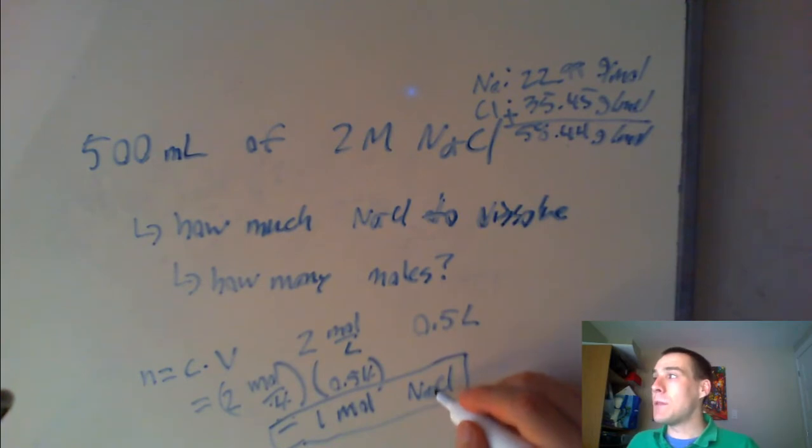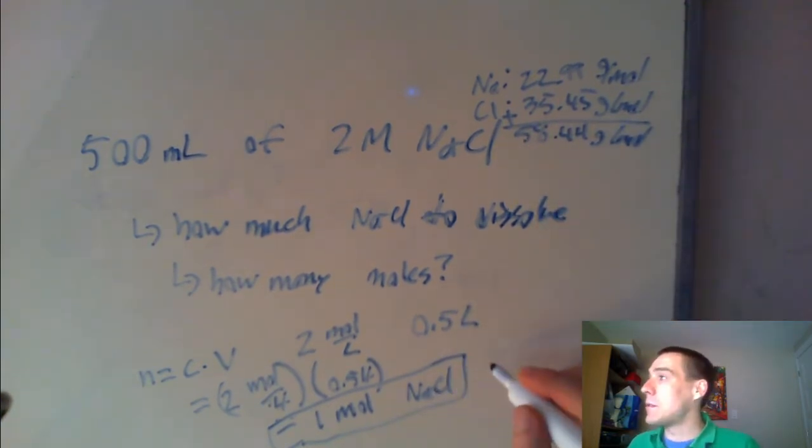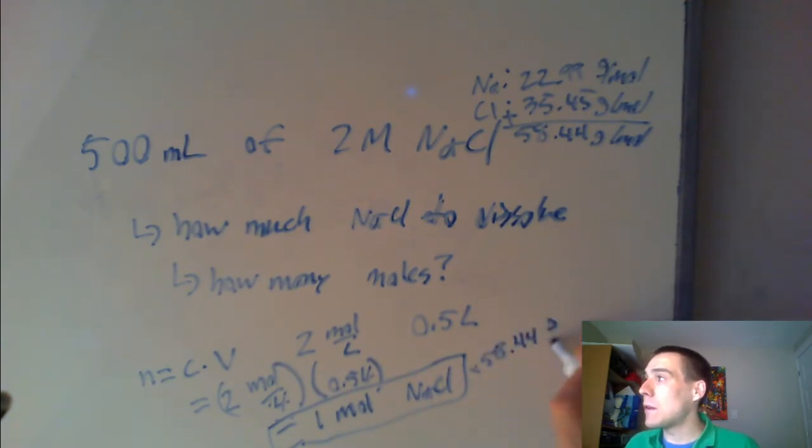So I've got 1 mole of it, it weighs 58.44 grams per mole, so I'll multiply by the molar mass, 58.44 grams per mole, right? And that'll give me, I need 58.44 grams of salt.